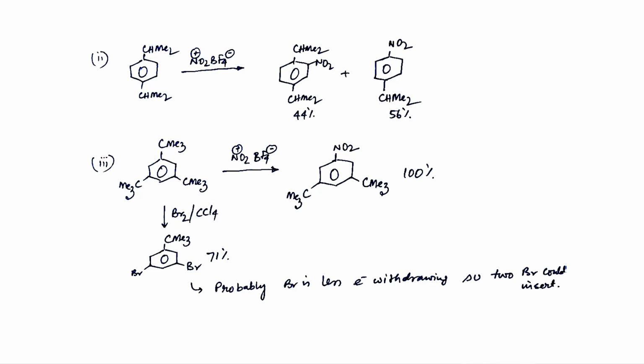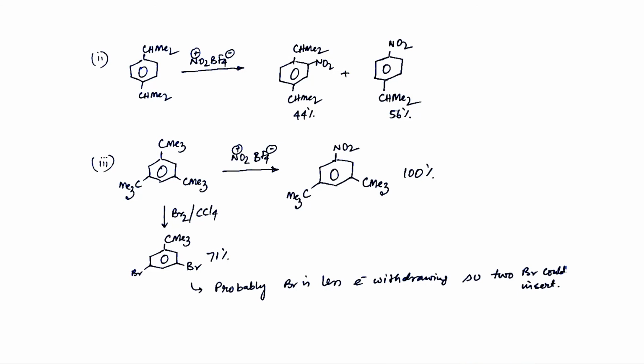And what will be the rest of the 29% of the product? It could be either mono or di. Mostly it is mono. I mean, it has not been written, but I think it is mono and di. Mostly it is the electronic effect that is being displayed in these two examples.